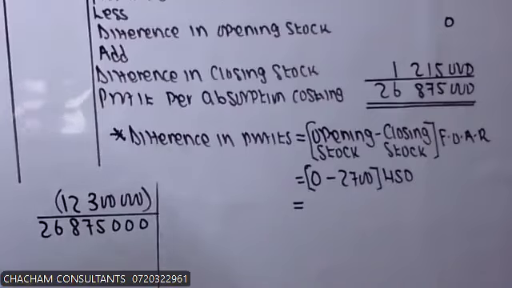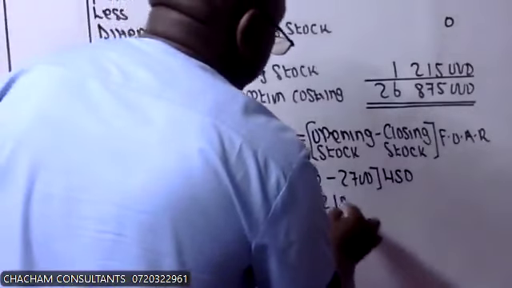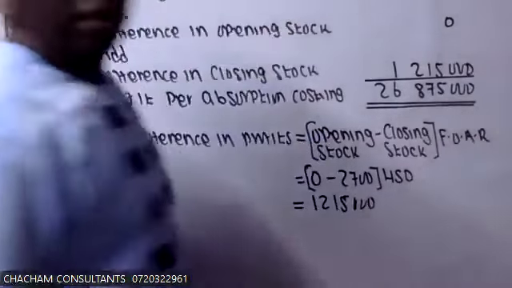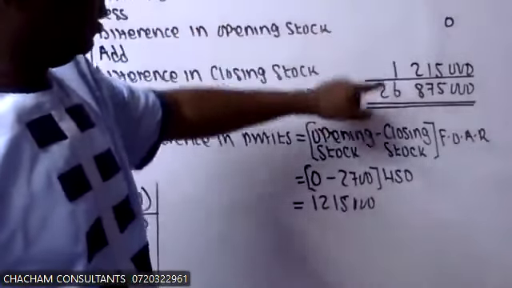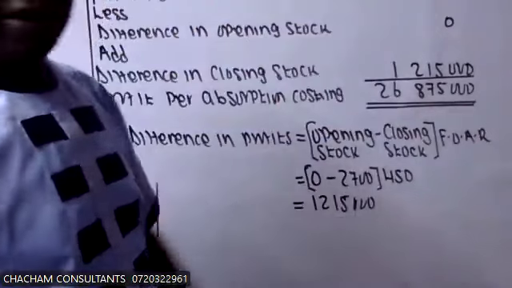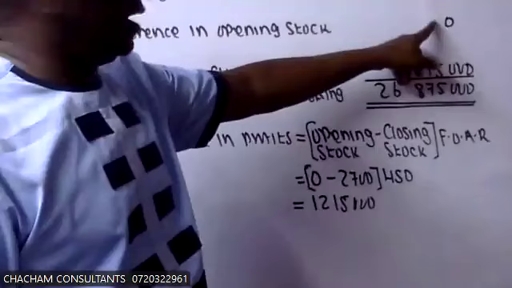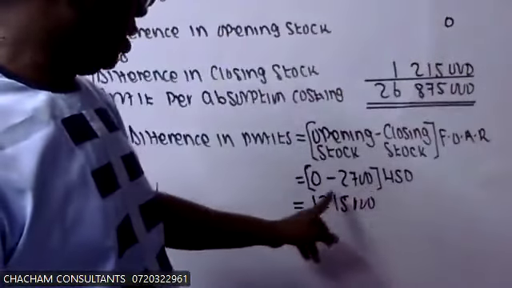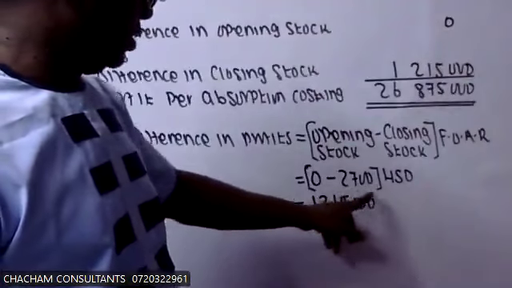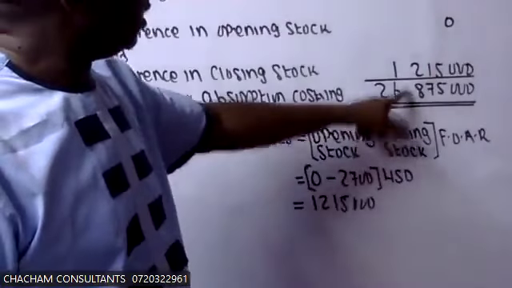You want to know the difference in profits. 1215. So this is it: the difference between this and this is this. But if we had an opening stock value, you would still see the same. You would put the opening stock minus the closing, you multiply by this. It will give you the difference between this profit and this one.